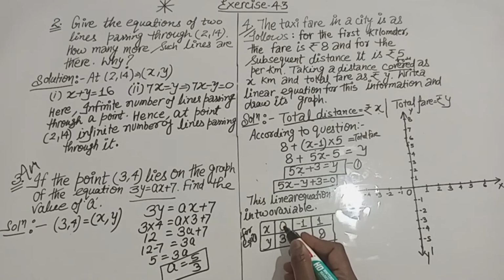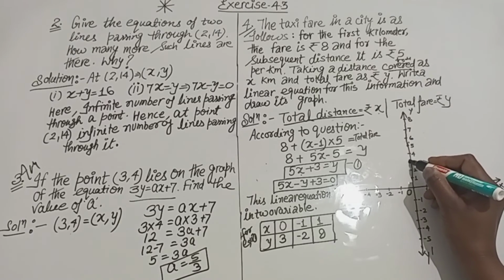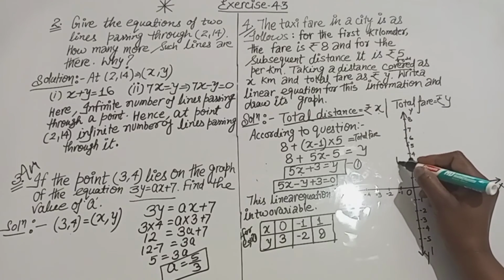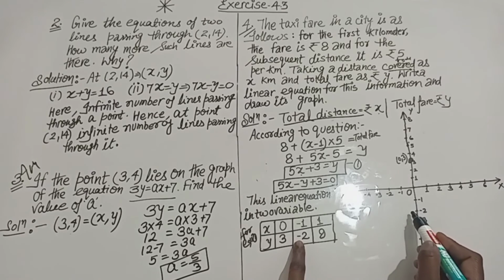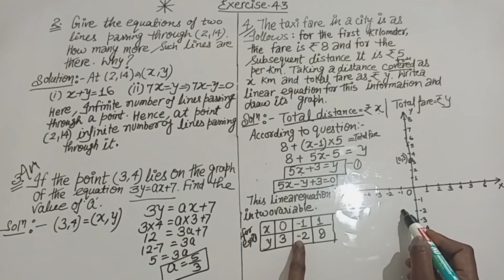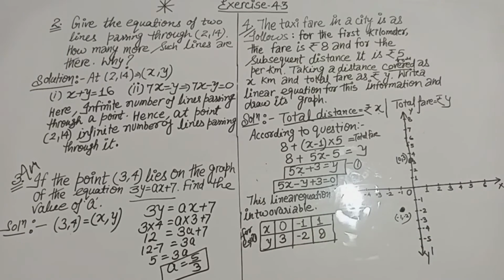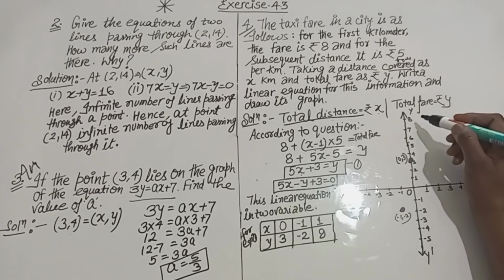So 0, 3: x is 0, it means the point is on the y axis. So here is 0, 3. Then minus 1, minus 2 is in the third quadrant, minus minus. So here is minus 1 and minus 2. Then 1, 8: here is 1 and here is 8.